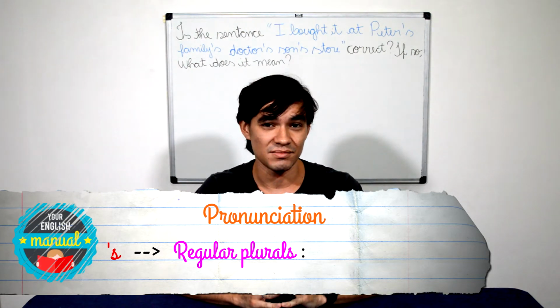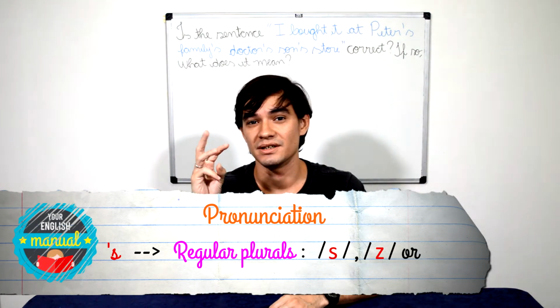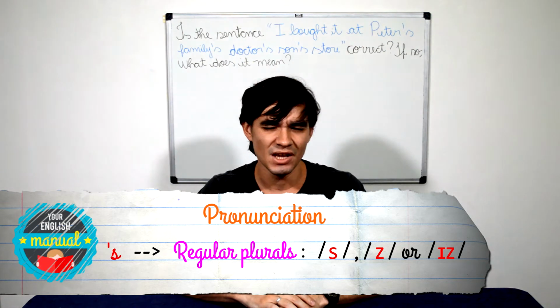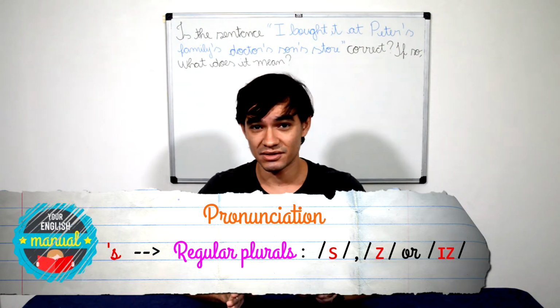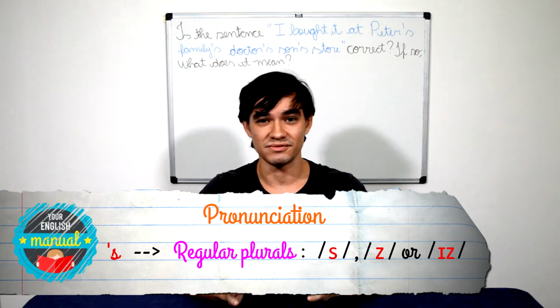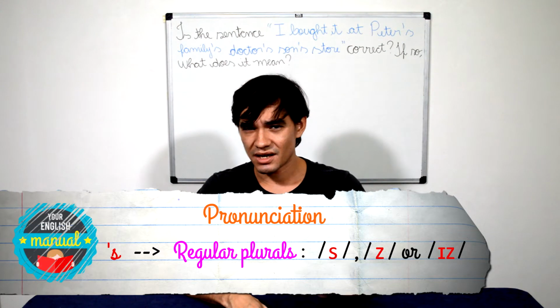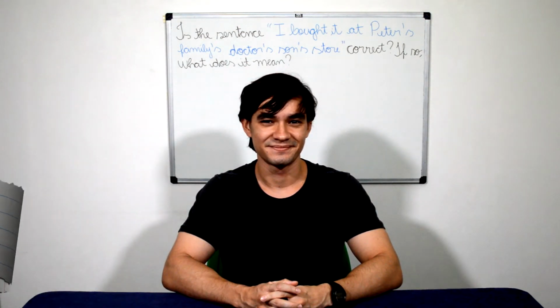The sounds can be s, z, or iz. We will not go into too many details about pronunciation for now, because we're still going to make videos explaining each sound very well. So for now, let's just see the three possible sounds, okay?